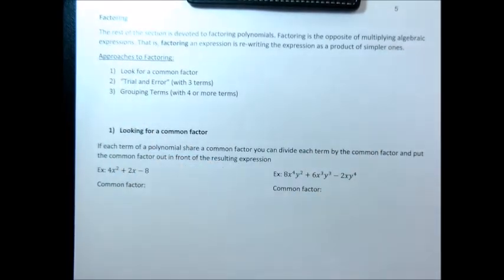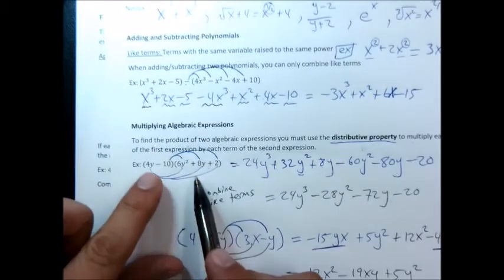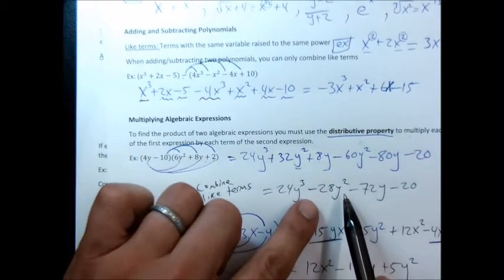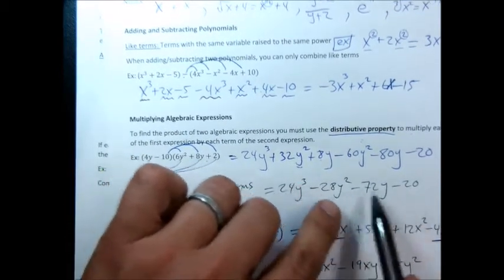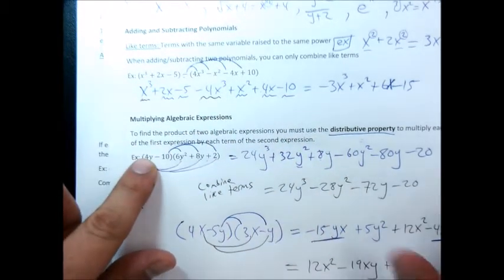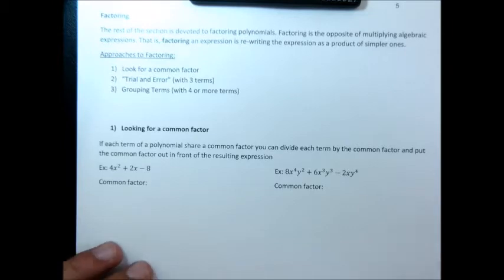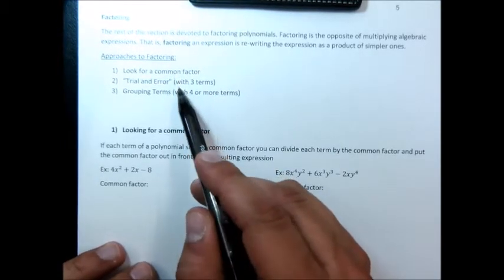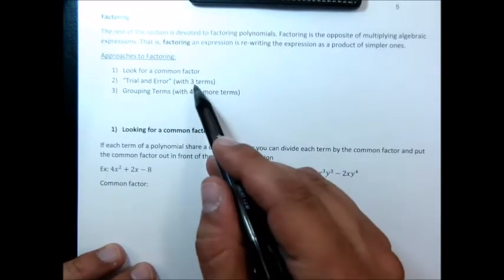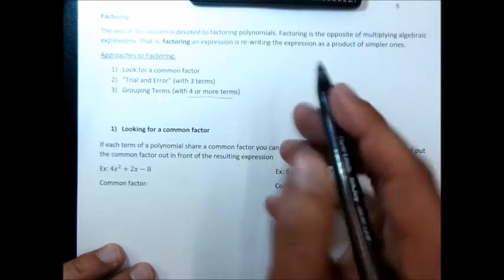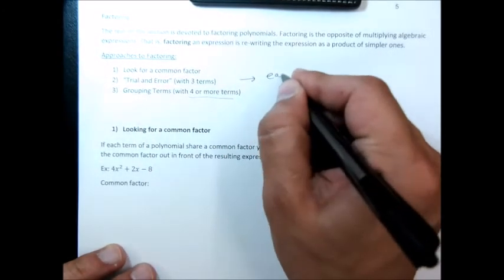So unlike the last page, where we took something that was factored and multiplied it out, now we're starting with something like this and going backwards and factoring it. So it's the opposite of what we just did. And we'll talk about these 3 methods: looking for a common factor, trial and error, which usually works with 3 terms, and then grouping terms, which you usually do with 4 or more. Each will be discussed on the pages that follow.